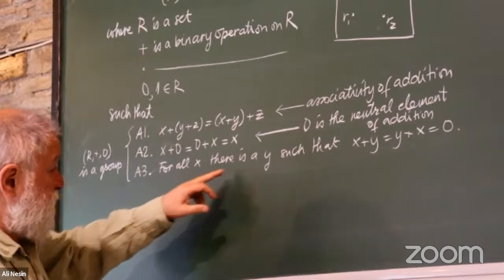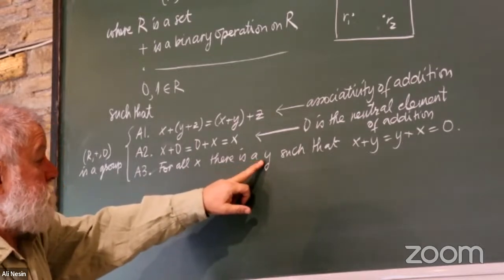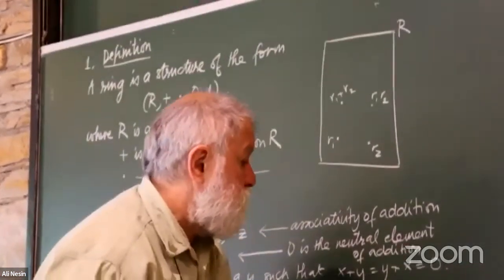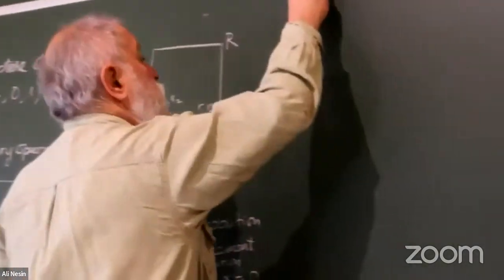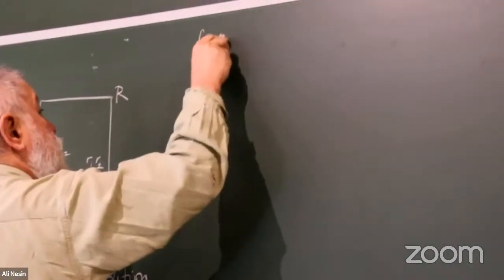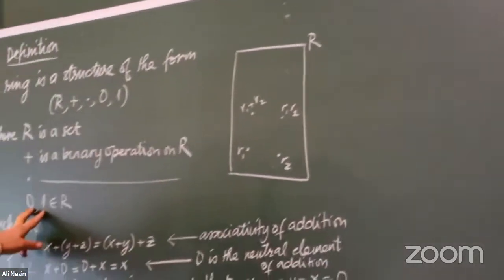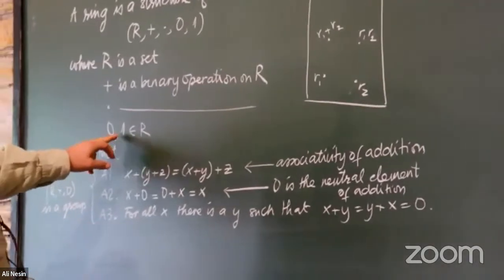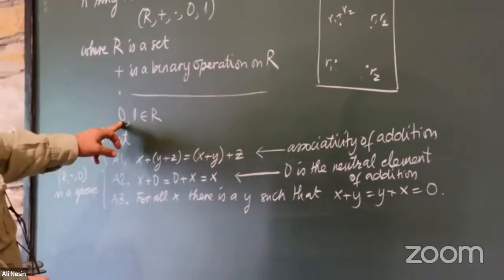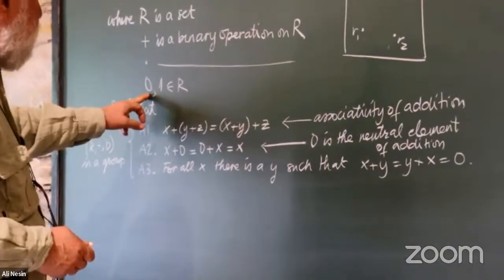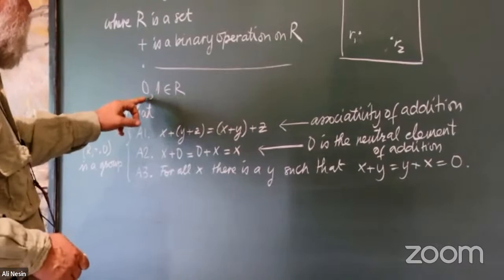In a group, this y must be unique. Let's say lemma 1. By the way, this 0 and 1 are not the 0 and 1 that we know, and they are not supposed to be necessarily. 1 is not a number. They are just elements of R called 0 and 1.